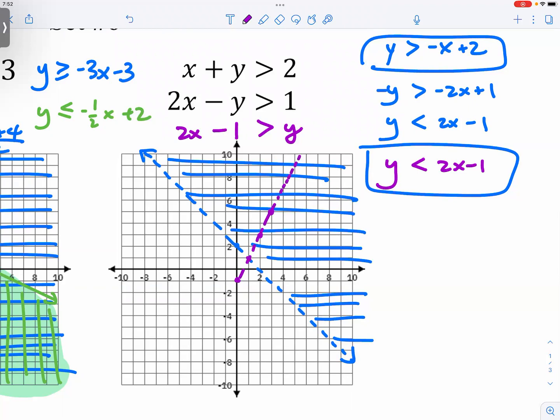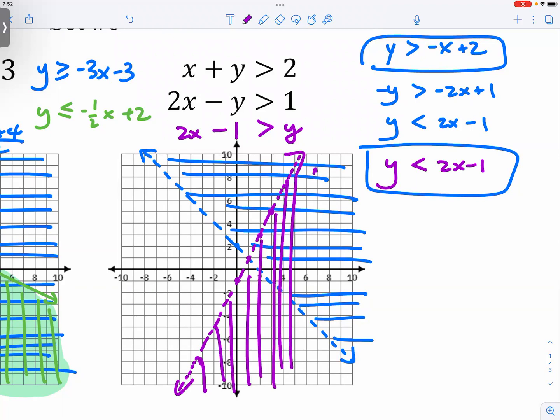So 2x minus 1, and it is less than. So less than would be this. So the overlapped region would be the region to the right.